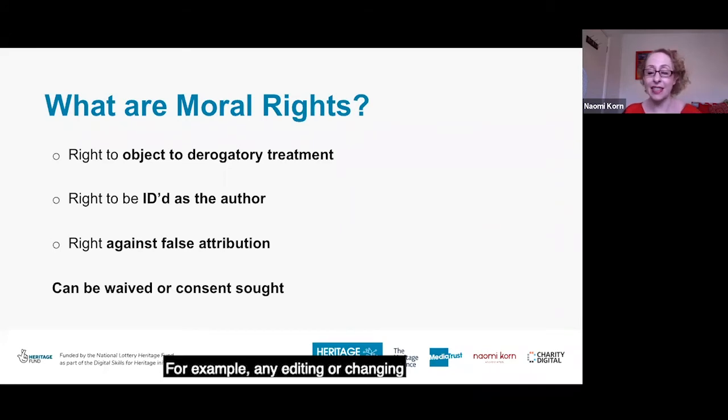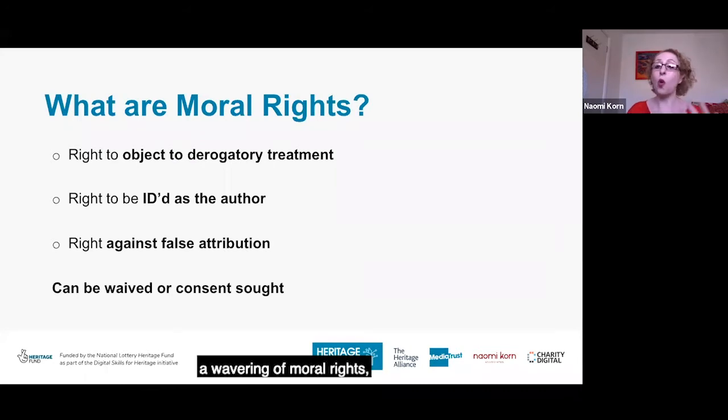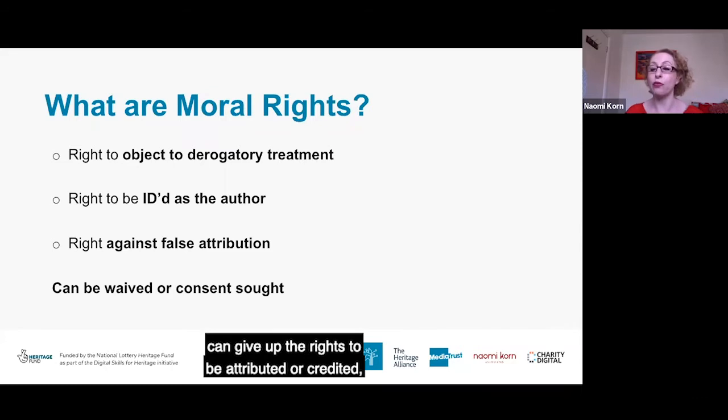For example, any editing or changing or bleeding of sides of images, all that type of thing requires the creator's consent. And consent is one option for how permission can be granted, but also we have something called a waiving of moral rights, which is where the creator of a work can give up the rights to be attributed or credited, and also to control how the work is treated.